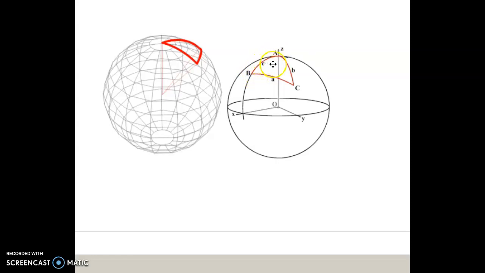So the difference A would be the difference of 70 and 130, that is 60 degrees. So again, we have three angles we know here.